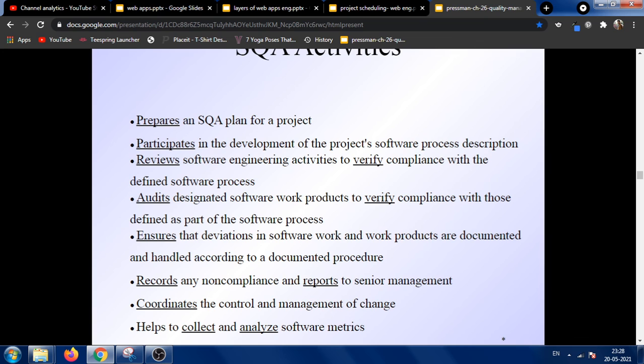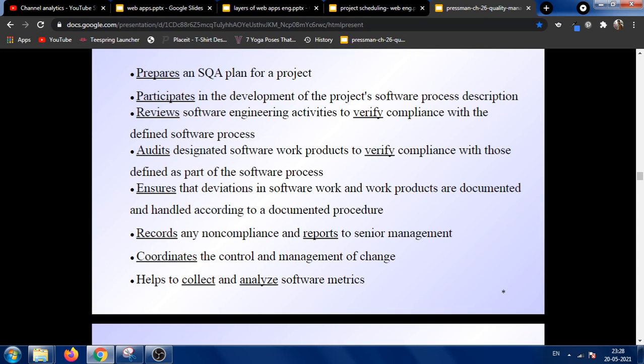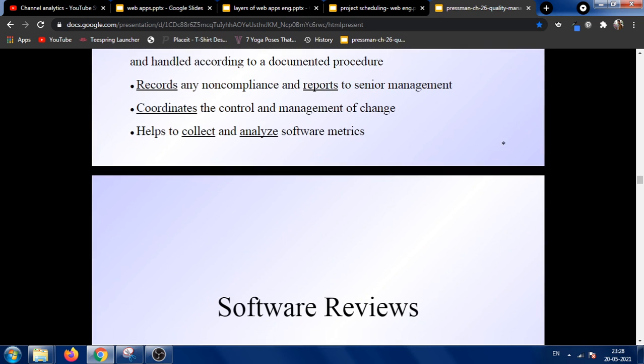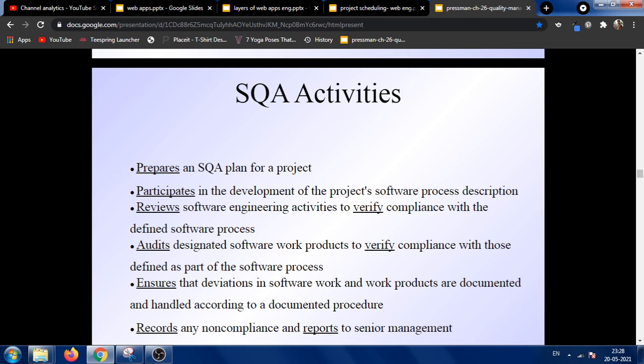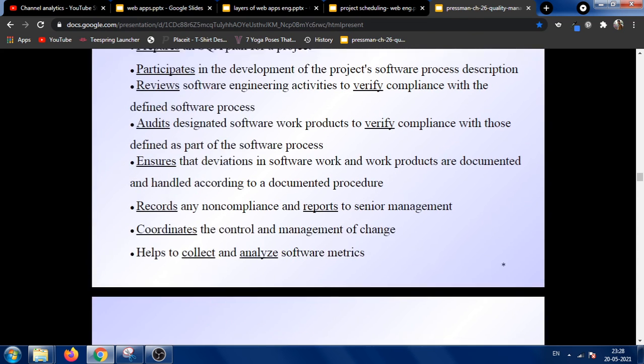We need to coordinate all those things, and this helps to collect and analyze software metrics. These are the things that come under how quality can be achieved using software quality assurance activities.